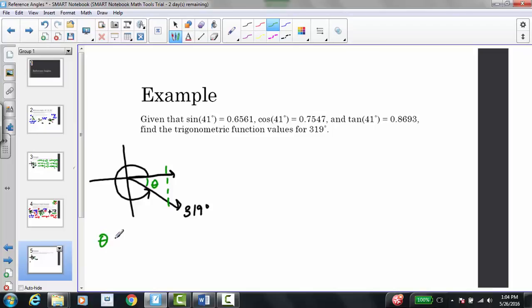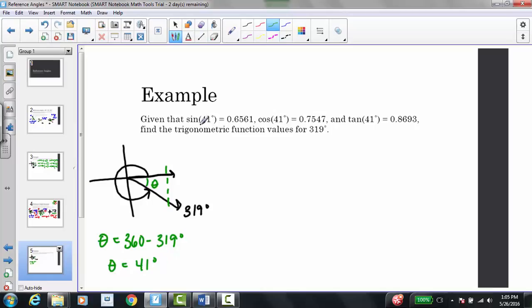In order to find that reference angle, I need to know how far away from 360 degrees I am. So I have 360 degrees minus 319 degrees, and that leaves me with theta equals 41. So now I know that 41 is my reference angle for 319 degrees.